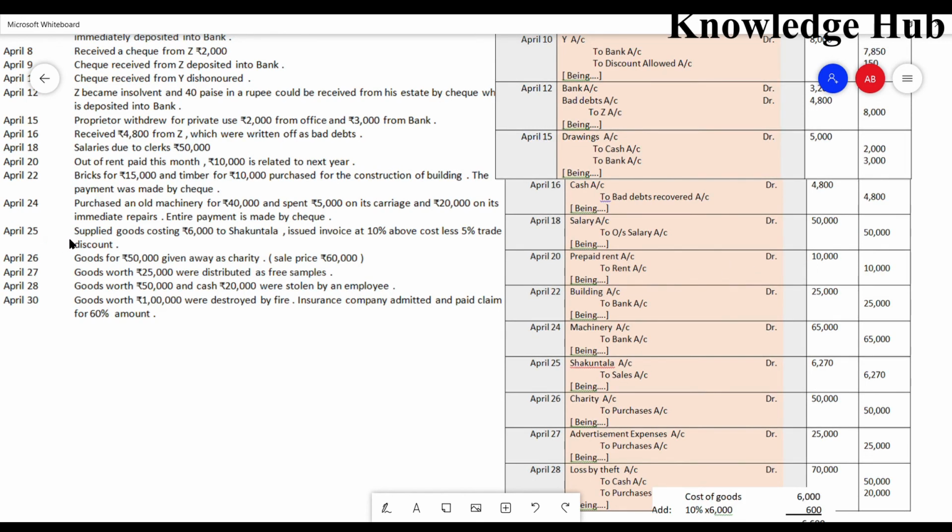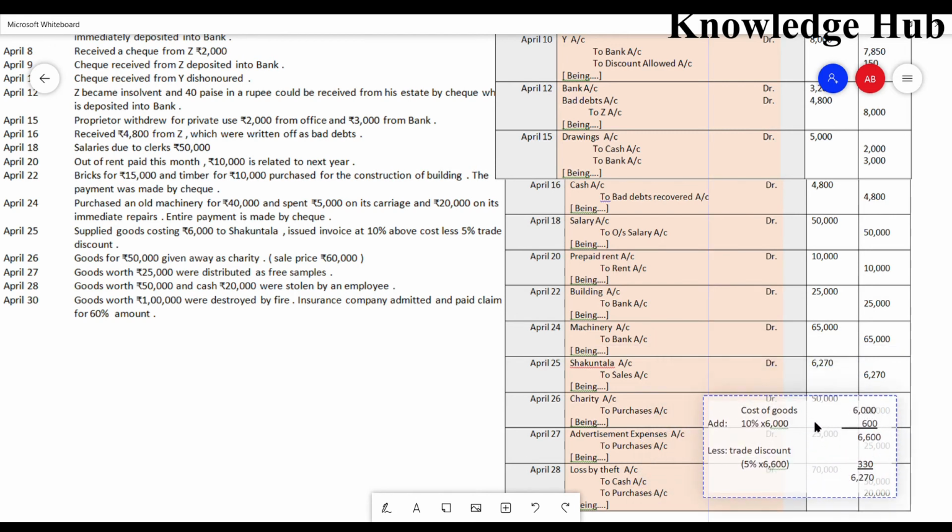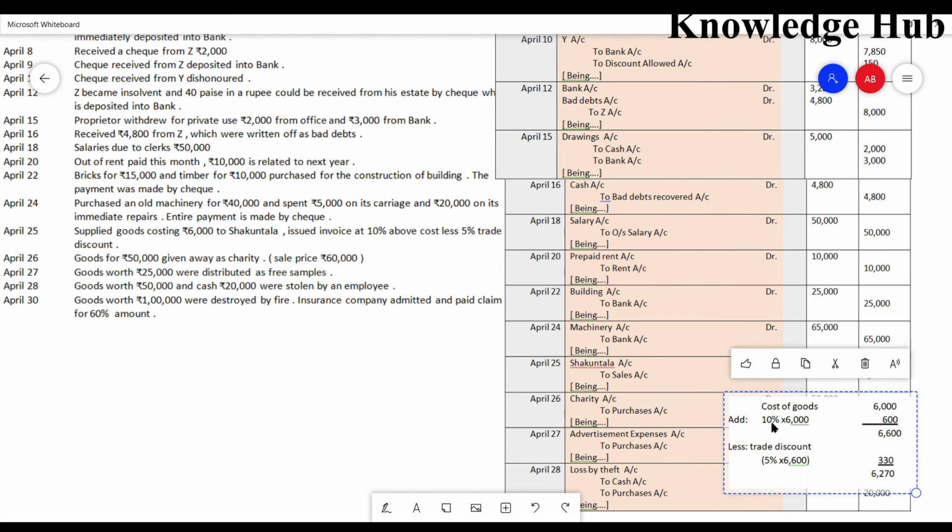The transaction reads supplied goods costing rupees 6,000 to Shakuntala, issued invoice at 10% above cost, less 5% trade discount. Before we move into the journal entry, let's just go through the workings first. So here my question says that the cost price of my goods was 6,000.